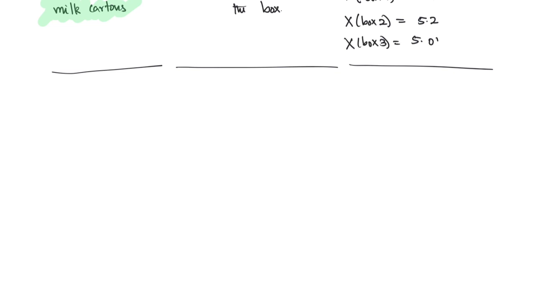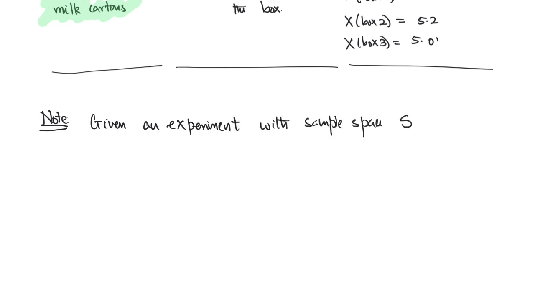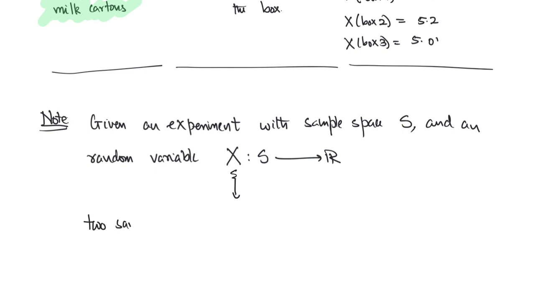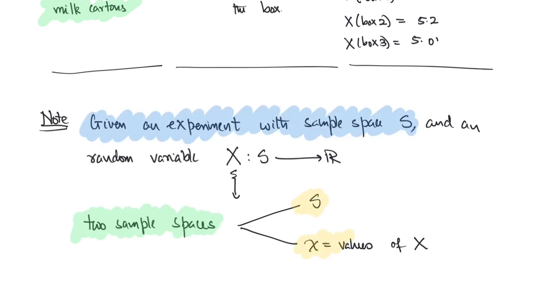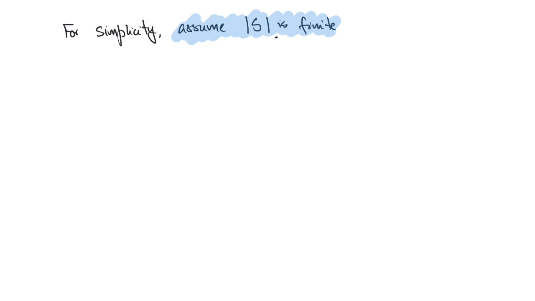Note that given an experiment with sample space S and a random variable X, a function from S to R, we now have two sample spaces to work with: the original sample space S and the new sample space script X, which is the values of X. For simplicity, let's assume that the cardinality of the sample space S is finite.